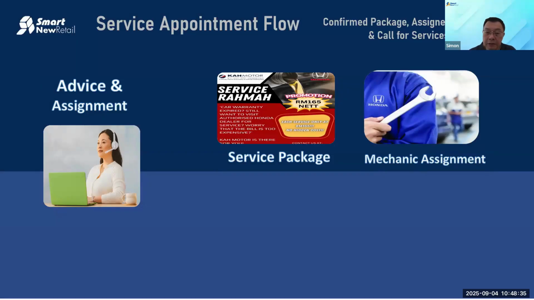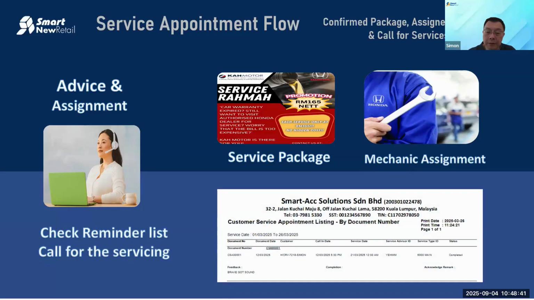But here, the service advisor can do the assignment when the call has been received. Then of course, when the time comes, the service advisor calls the owner and reminds them to come for service according to the job sheet, the service appointment list. This is how we do the appointment flow here, confirm the things and call the customers.